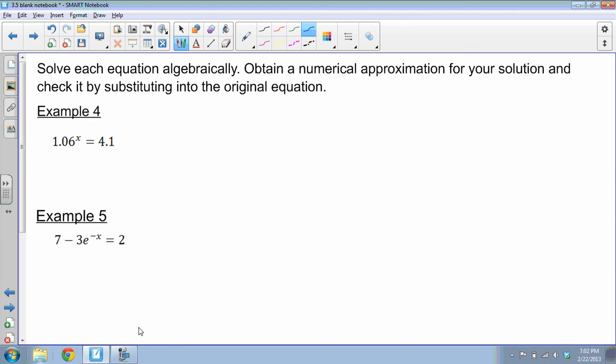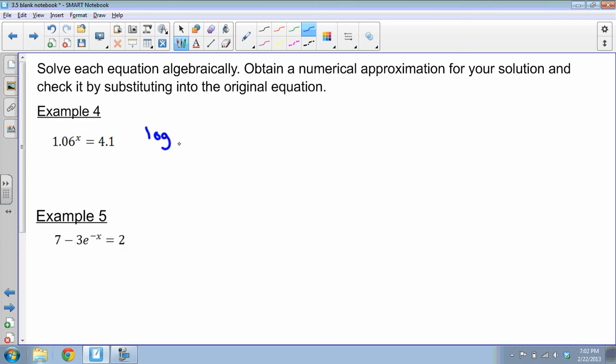We're going to continue solving our equations algebraically, but we may end up with decimals here. And it tells us to obtain a numerical approximation for our solution and check it by substituting into the original equation. So just kind of what we've been doing already. We could take a logarithm on each side here and solve, or we could rewrite this as a logarithm.